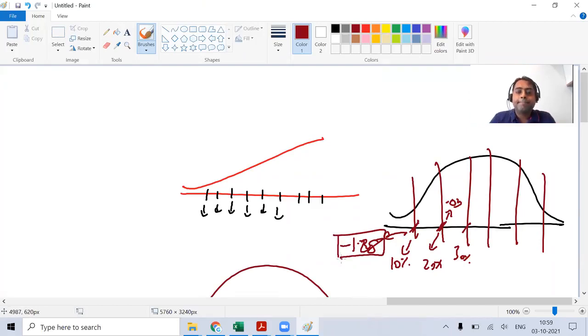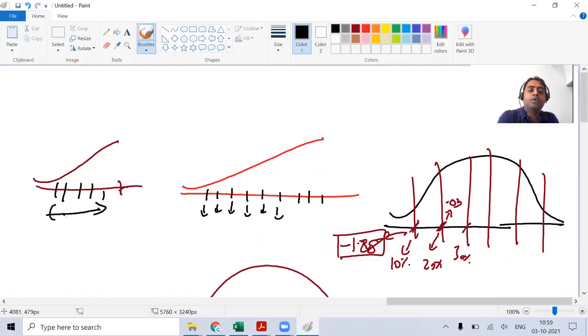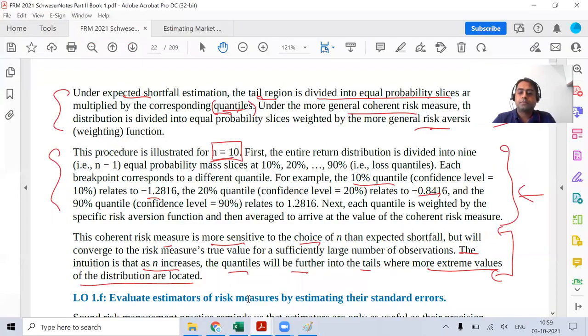For example, when we were doing expected shortfall, you took all the data points on the tail and took the average. When you average, you give equal weightage. Similarly, whatever quantiles you have, you give weightage as per the risk aversion to find that risk measure. Okay, got it, sir.